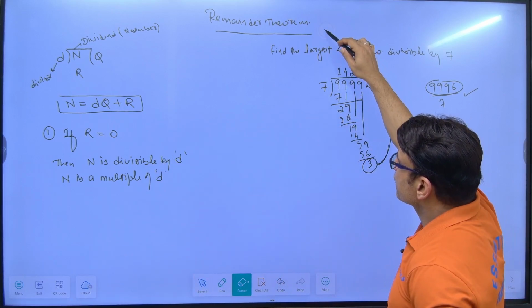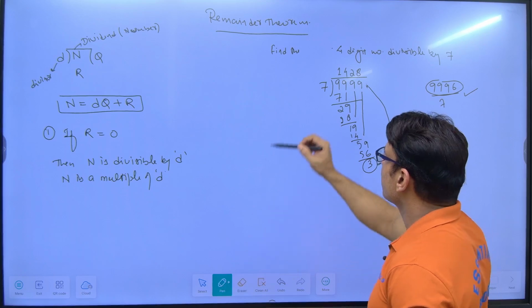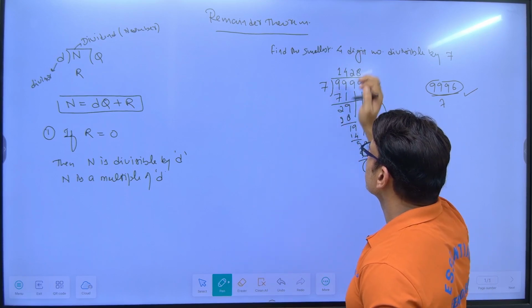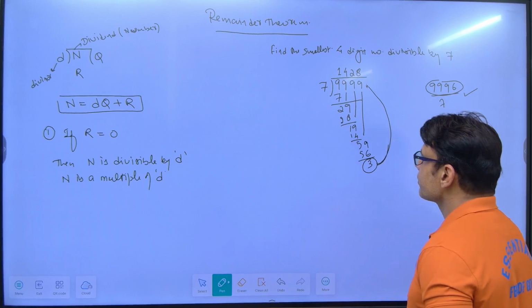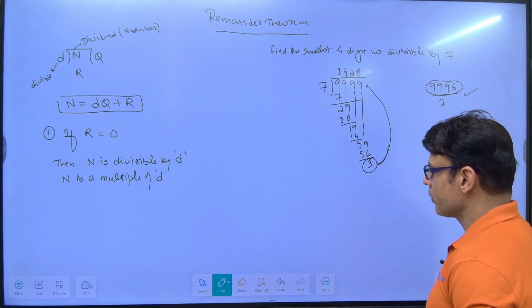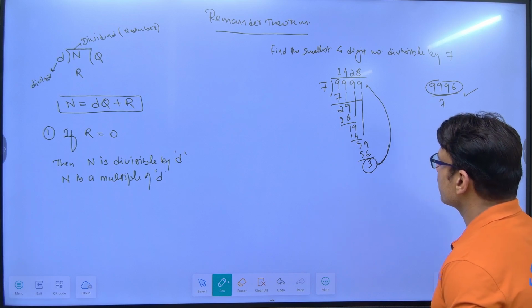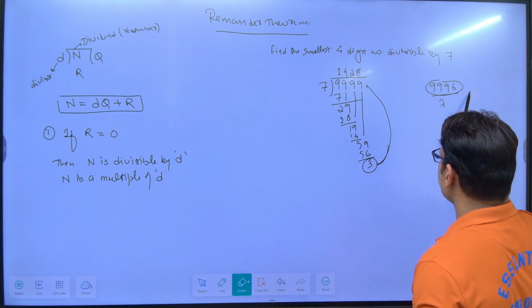Instead of largest, if I say find the smallest 4-digit number which is divisible by 7. The number has to be a 4-digit number, at the same time it should be divisible by 7.